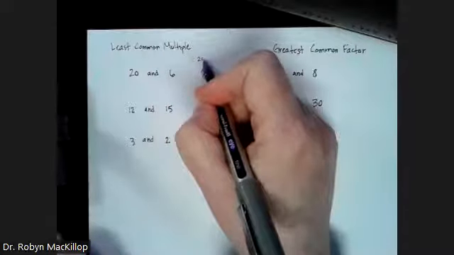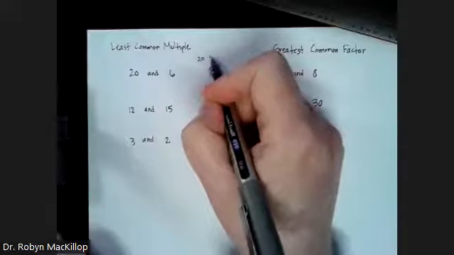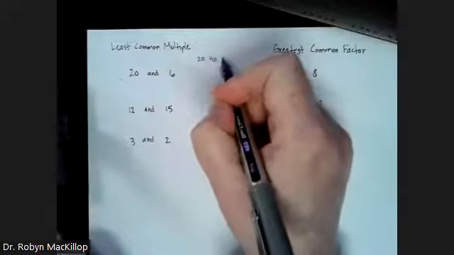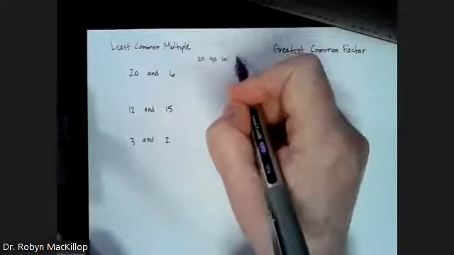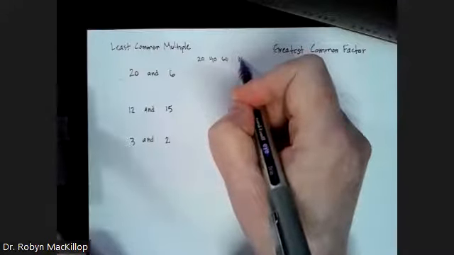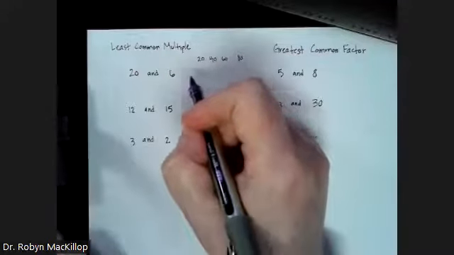Start with 20 and then go up by 20: 20, 40, 60, 80. And then do the same thing with 6.